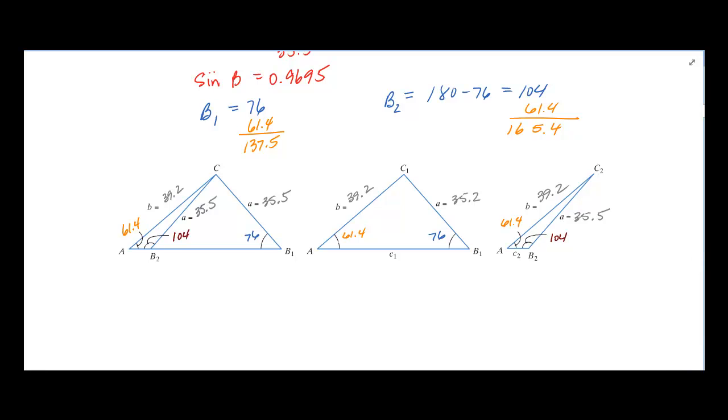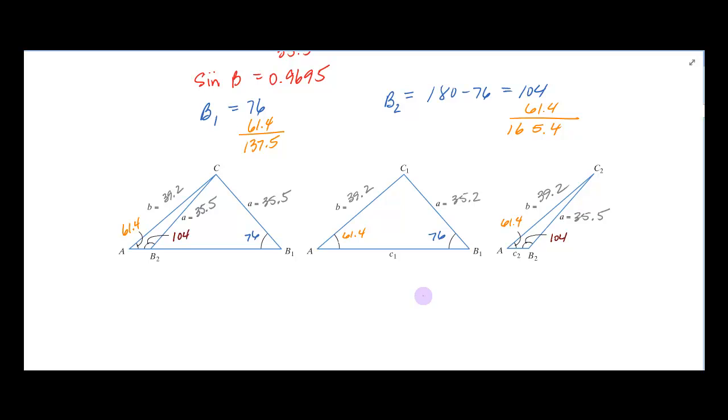So the easiest way to figure out these missing pieces is to go to the individual triangles, because it can get a little confusing if you're looking at it over here. We need to know angle C1 as well as side C1, and we can use any of these known ratios in order to find that.